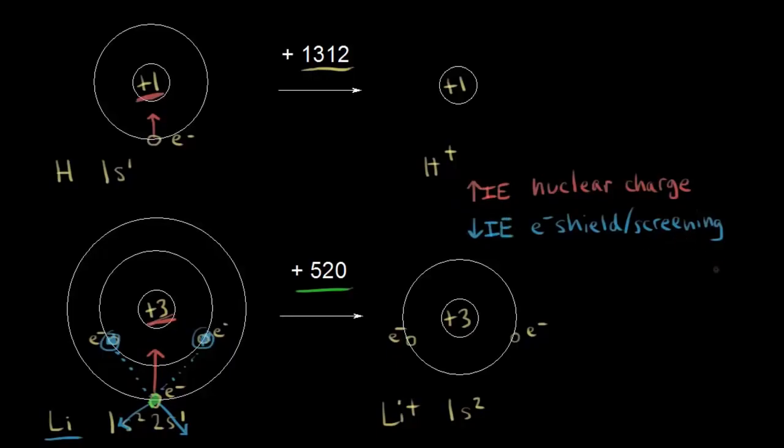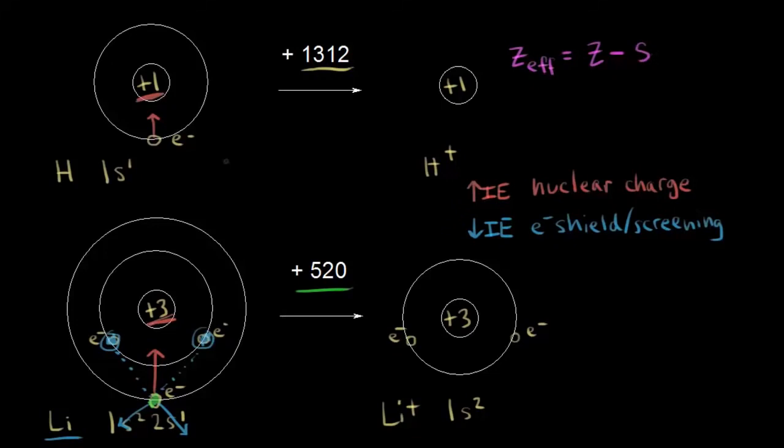Now, nuclear charge and electron shielding go hand in hand, and one way to relate those would be to think about what's called the effective nuclear charge. So I'm going to go ahead and write the effective nuclear charge, Z_eff, is equal to the nuclear charge, which is Z, minus the effect of the shielding electrons. This is a very simplistic way of doing the math here.